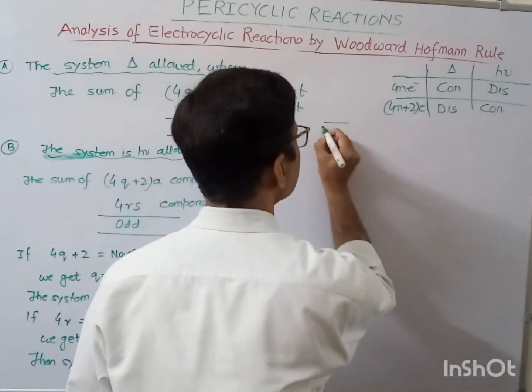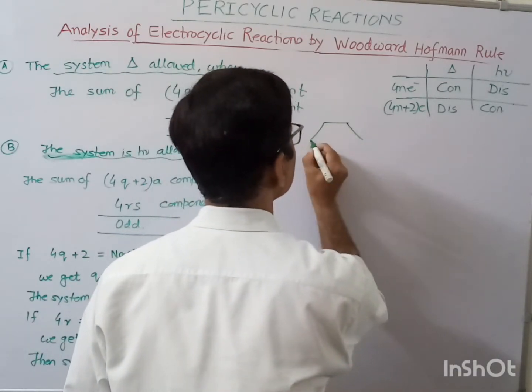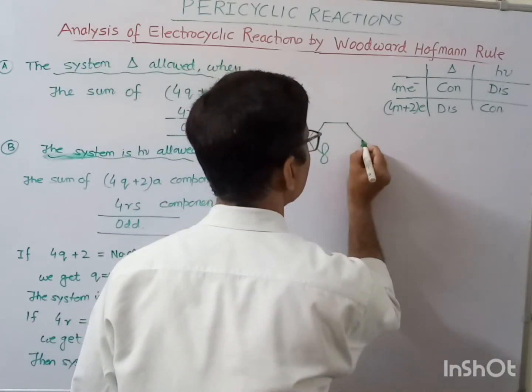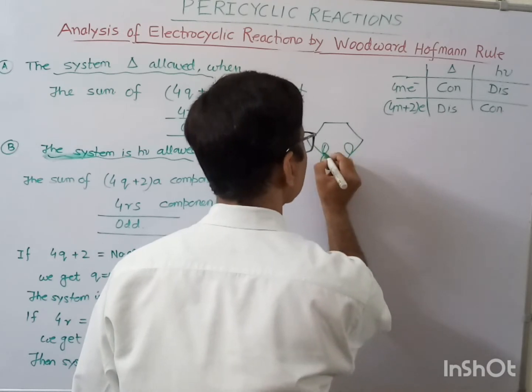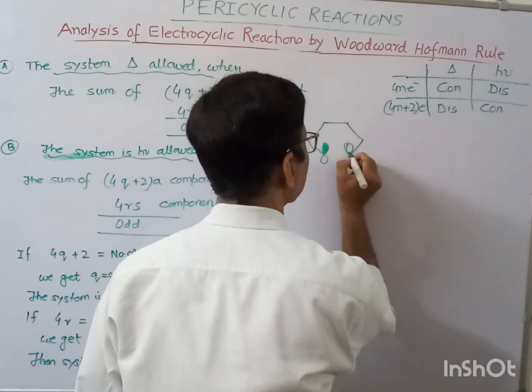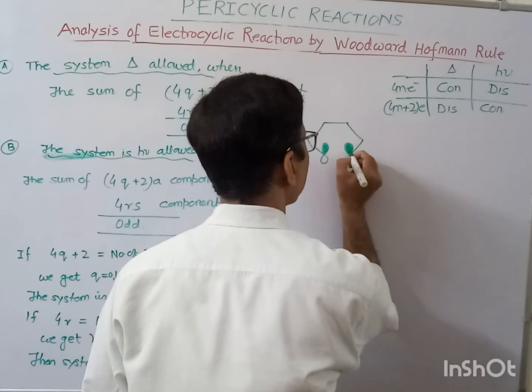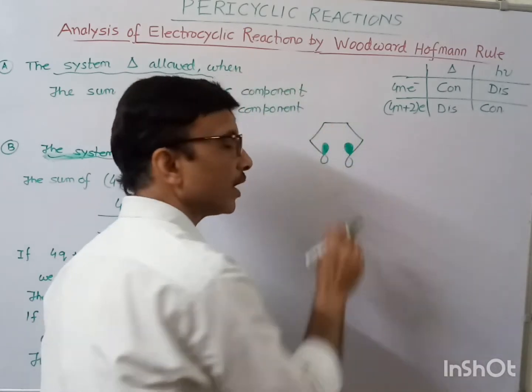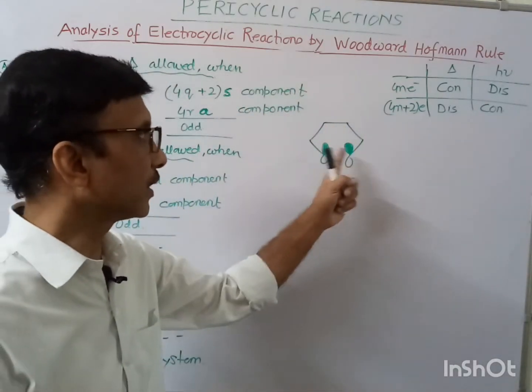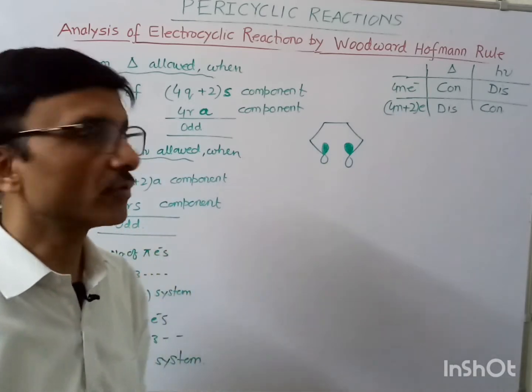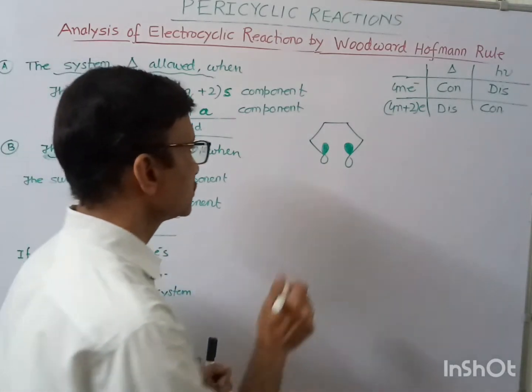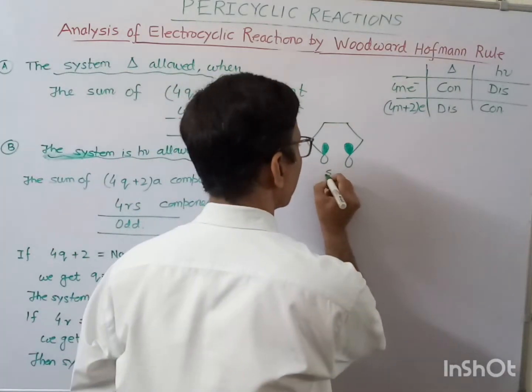Suppose for the bond formation, both upper lobes are involved in the bond formation, then it is called the S component.